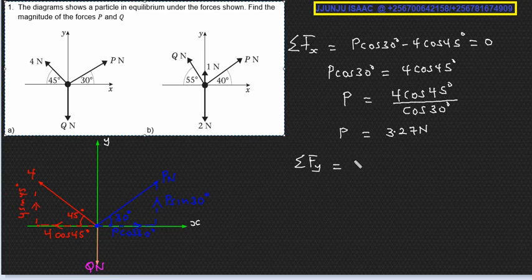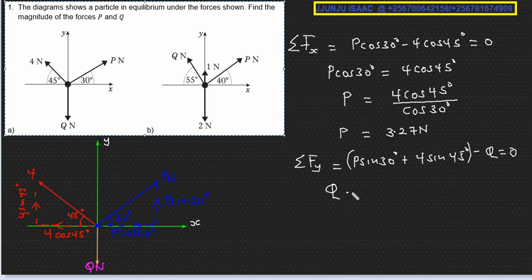So we shall get P sine 30 degrees plus 4 sine 45 degrees, then minus Q, and all those forces should give us 0. Or in other words, the total upward forces will be equal to downward forces. Upward we have this plus this equal to Q.